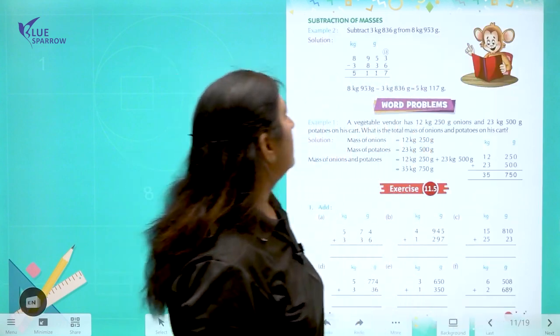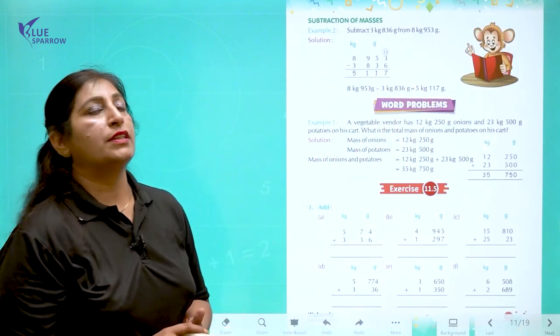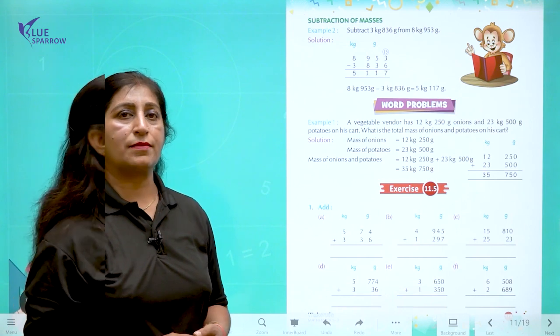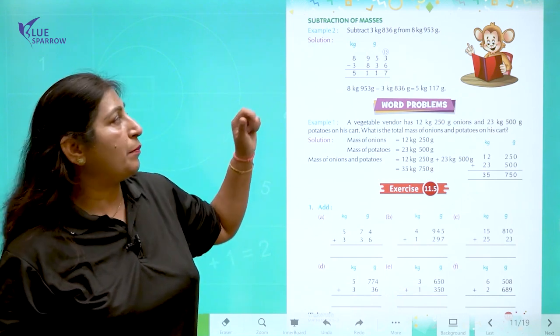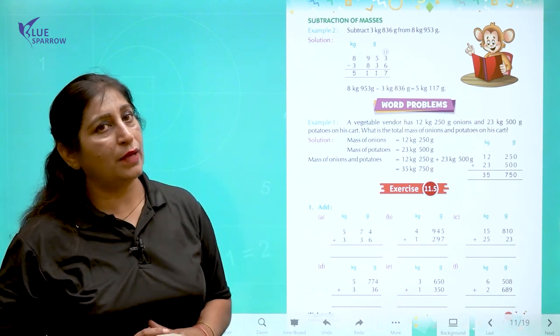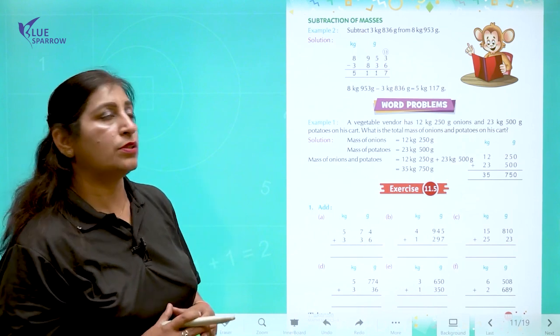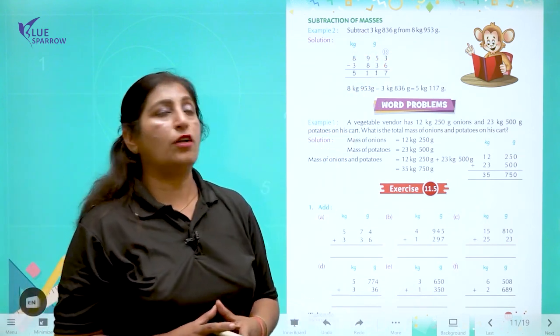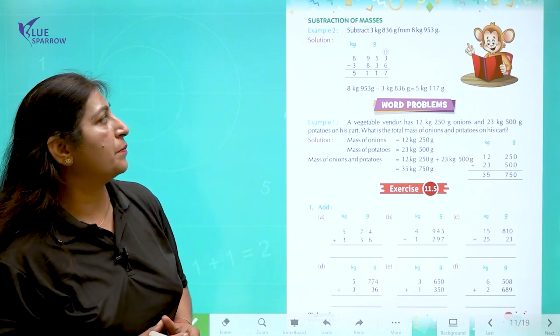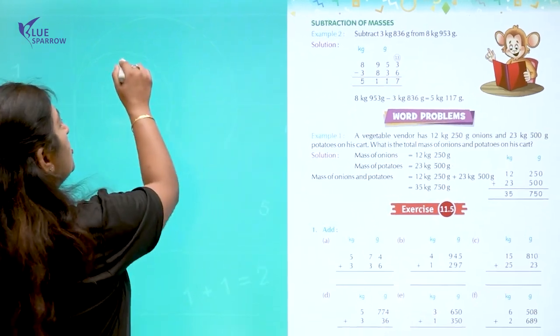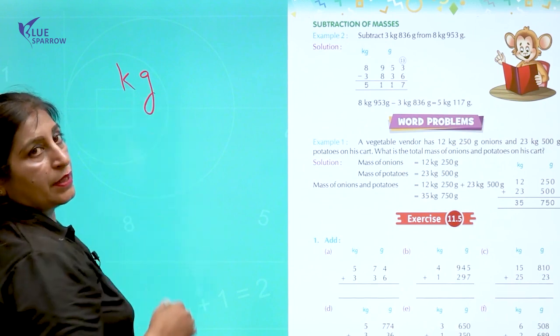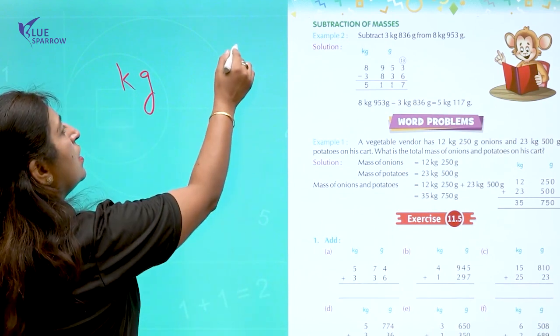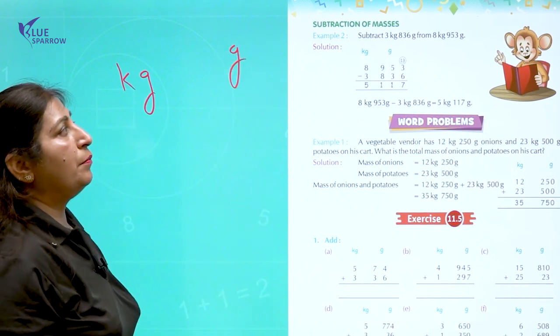Now we come to the next question, which is based on subtraction of masses. Means we are going to solve example number 3. Here you are asked to subtract 3 kilogram 836 gram from 8 kilogram 953 grams. Firstly, you would arrange the numbers in proper columns, that is columns would be kilogram and gram.